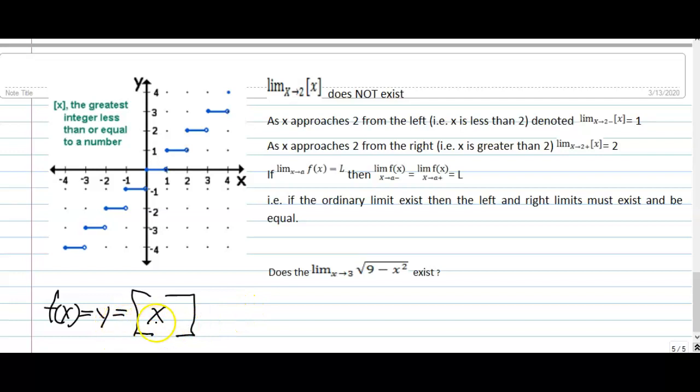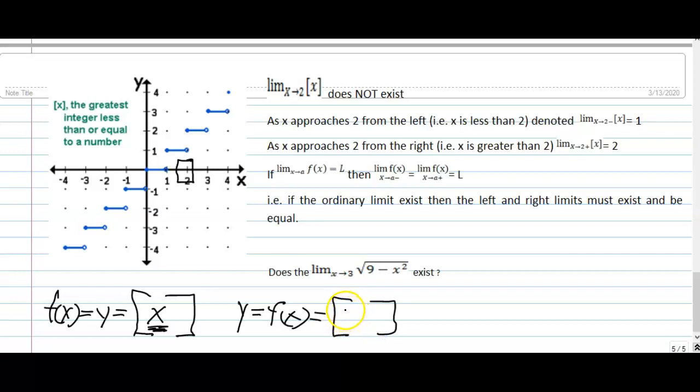Y is equal to the greatest integer less than or equal to what's inside here. So let's look at what happens around x equal to 2. So, for example, y, or f of x, would be equal to the greatest integer less than or equal to what's inside.